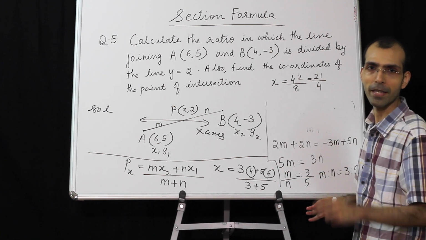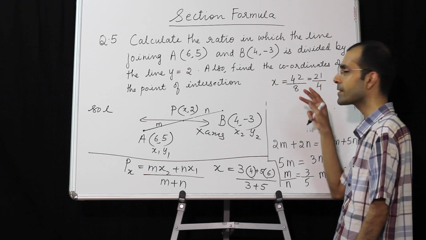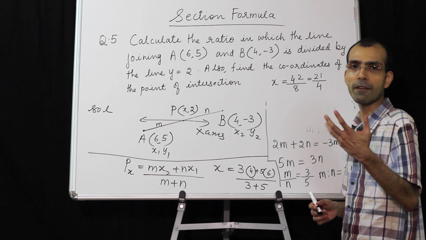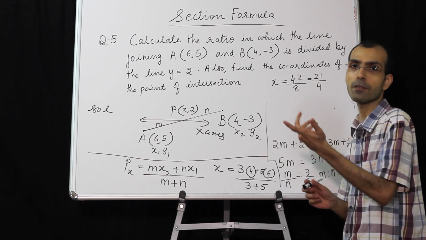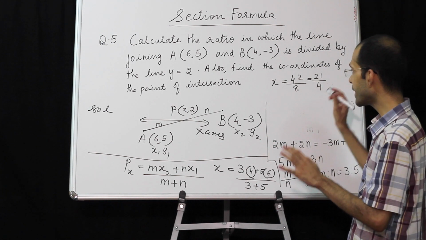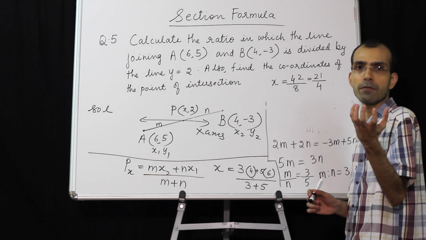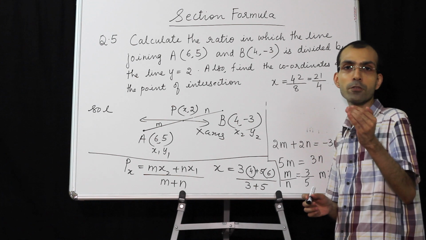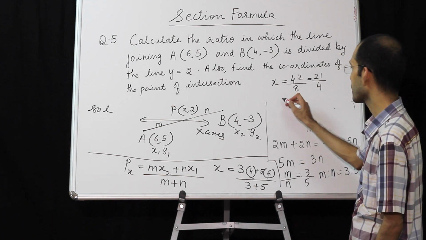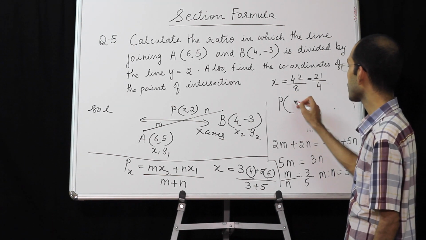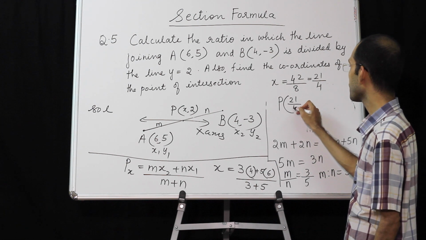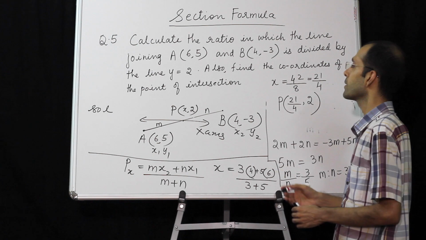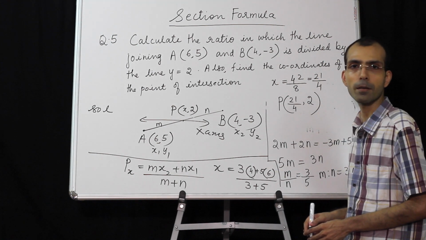In any topic, an improper fraction should always be written in the simplest form. If it is a topic of similarity, you'll have to give it in mixed fraction format. But in coordinate geometry, when you are reporting coordinates, it is fine if it is an improper fraction, but it should be the simplest improper fraction. So now P will turn out to be (21 upon 4, 2). So that's done with your question number 5.